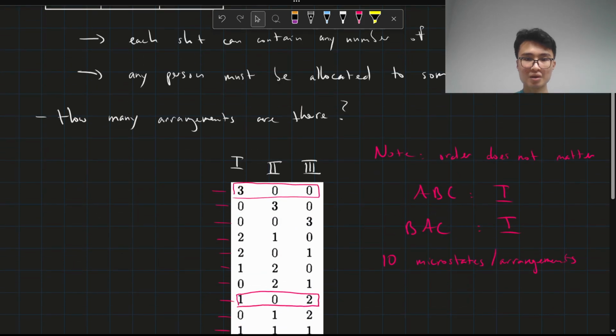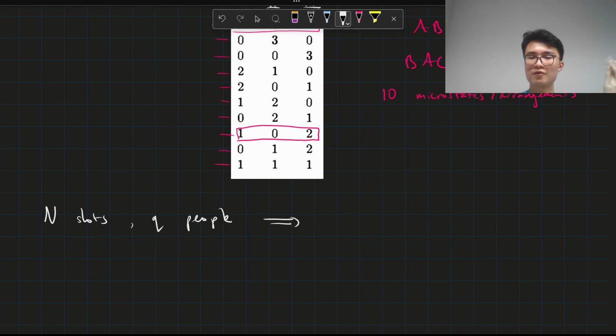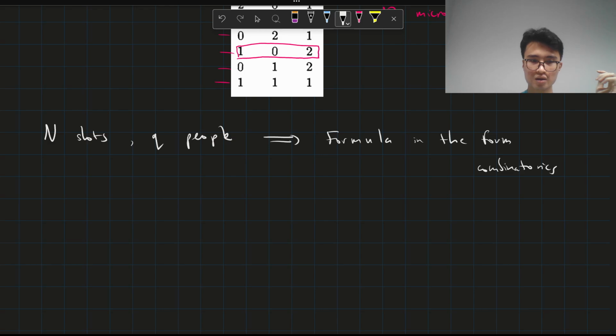So now that we know how this works, the main question is: if I have n slots and q people, what would be the formula in the form of combinatorics, the one we learned in high school if you're a ninth grader, in the form C choose N, or 6 choose 2, basically.